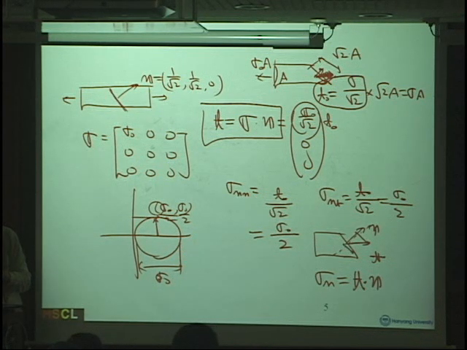And how do you calculate the shear stress? Since we know the traction vector, you subtract the normal component, T dot n times n, from the traction, and this will be the shear vector, right?